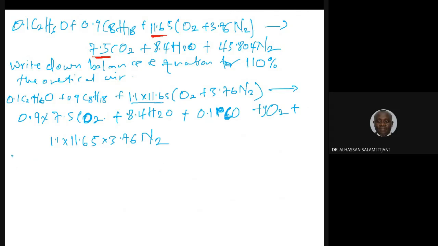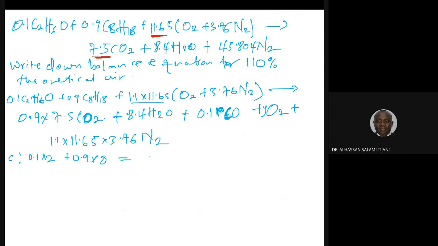Considering carbon, we will come to the initial state, 0.1 times 2 plus 0.9 times 8. That's for the fuel.